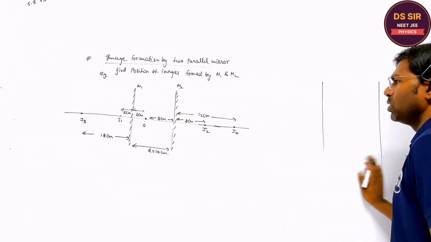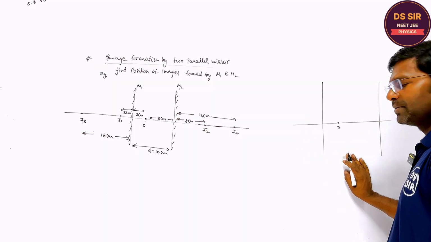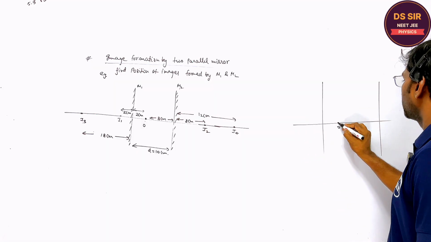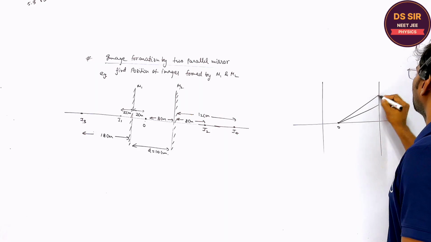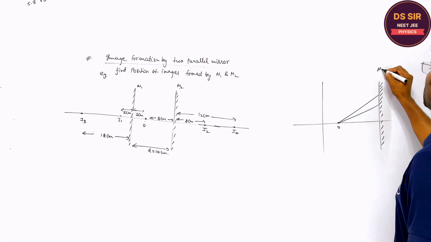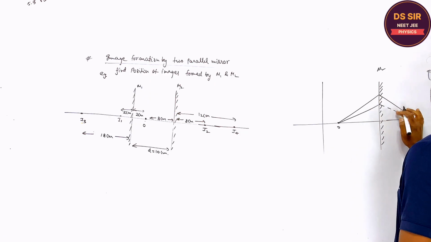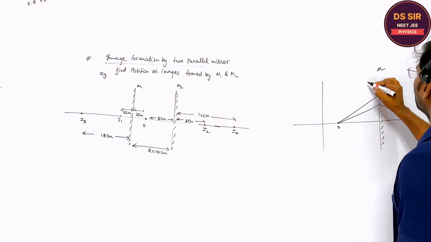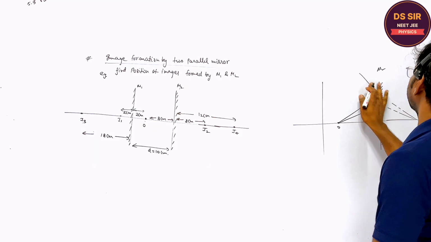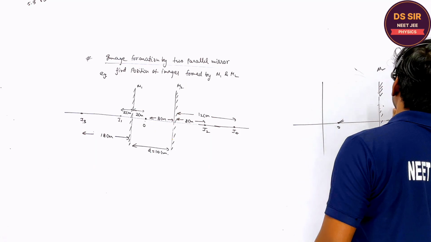One or two image formations I can explain. Listen to one thing. This is the object. If you consider the image formation of I2 by the mirror M2, it is like this. Understood or not? Give me 1 minute.